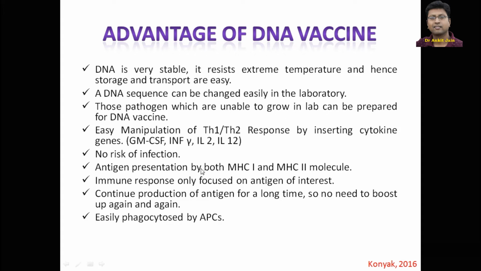Third, due to the manipulation, we can shift a T helper cell 1 response to T helper cell 2, or a T helper cell 2 response to T helper cell 1. When we are preparing the DNA, we have to introduce certain cytokine genes that will provoke different cytokines like GM-CSF, interferon gamma, interleukin 2, and interleukin 12.